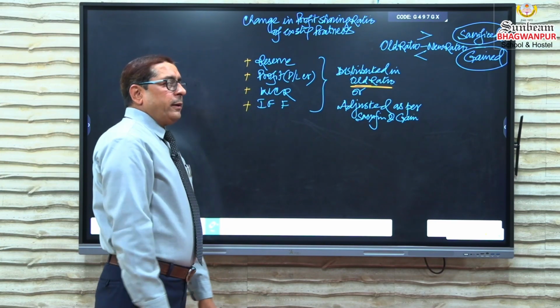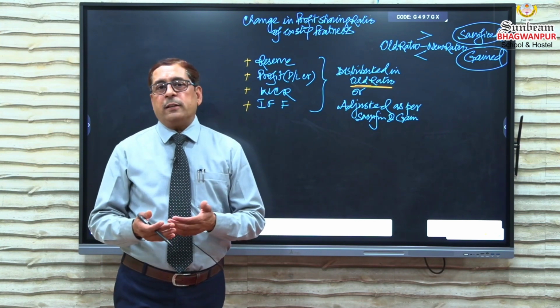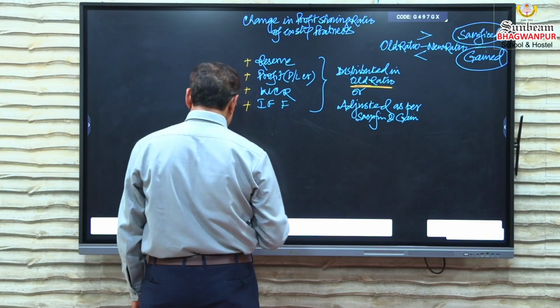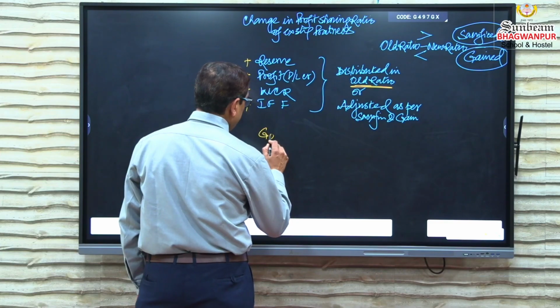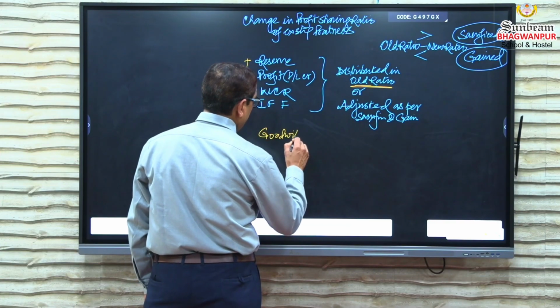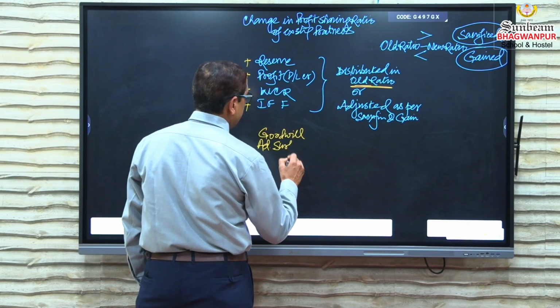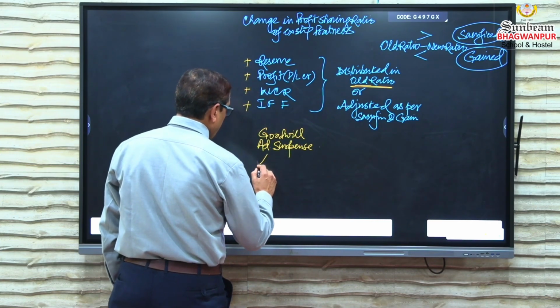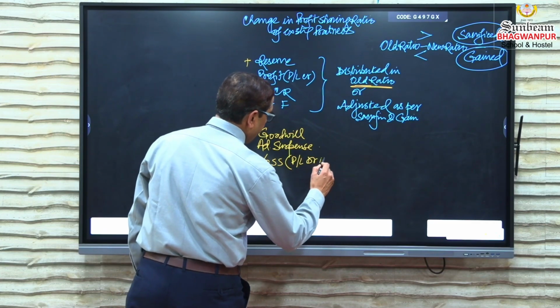There are some negative items. Sometimes they appear in the balance sheet on the asset side. What are these? Like goodwill, advertisement, suspense, and loss, that is P&L debit balance.